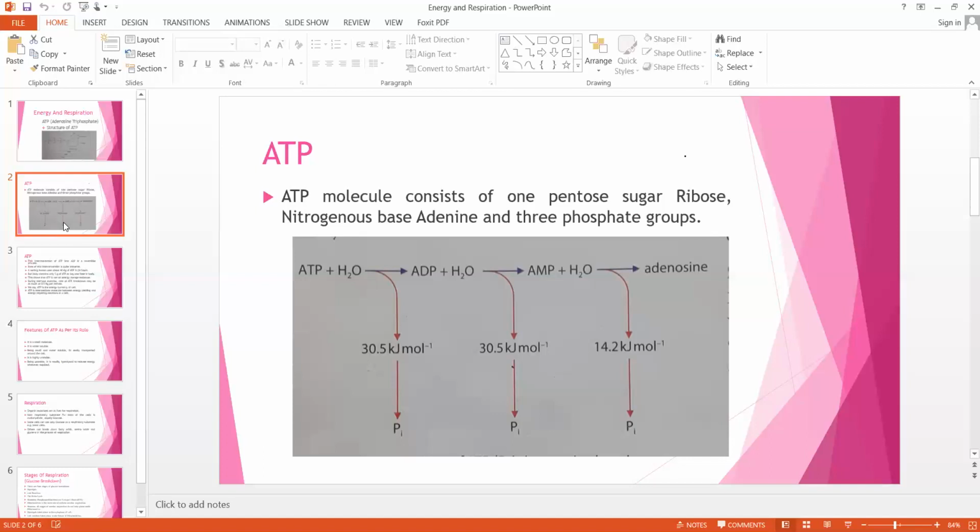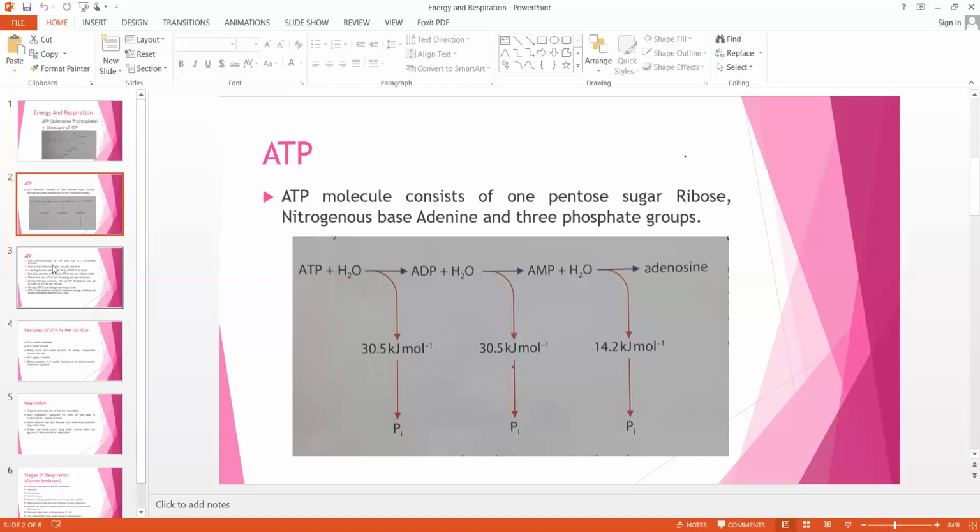But this is all incorrect now, and it has been proved that the energy does not come simply from breaking the bonds, but from the overall changes in the chemical potential energy of the whole system of that molecule. So that's why there is a difference in the energy released.